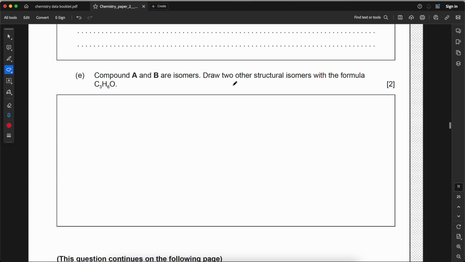Compounds A and B are isomers. Draw two other structural isomers with the formula C3H6O. So you need two.